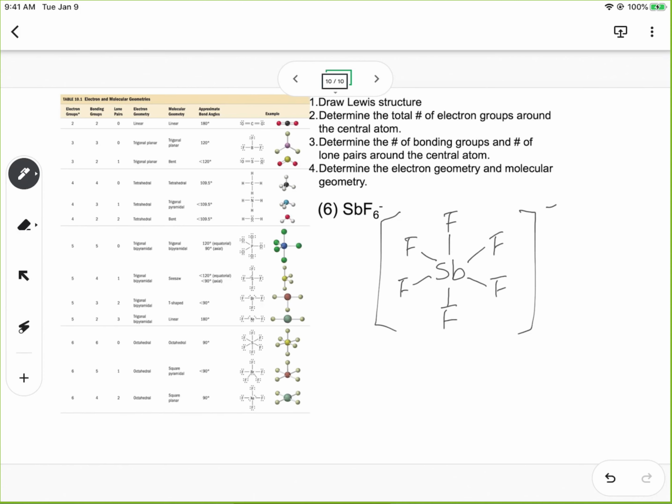Let's find the code. The total number of electron groups would be 6. You have 6 bonds, so the bonding groups would be 6, and no lone pairs on antimony, so the last digit is going to be 0. So 6, 6, 0, it's right here. Octahedral geometry for both electron geometry and molecular geometry.